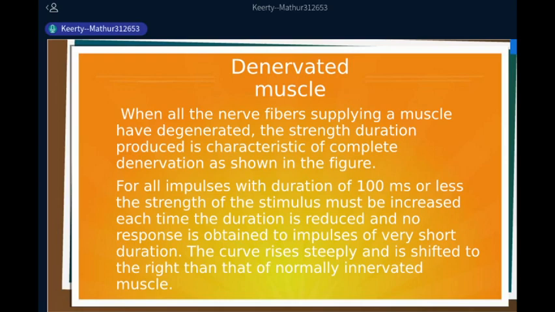So in a denervated muscle, for very short durations we are not going to get any response, and we have to increase either the duration or the strength. The curve rises steeply and is shifted to the right compared with that of the normally innervated muscle.